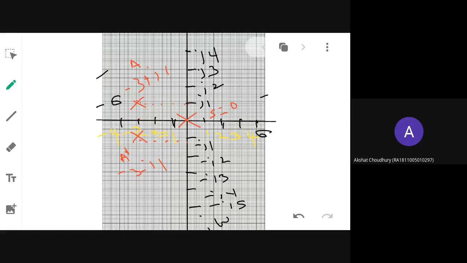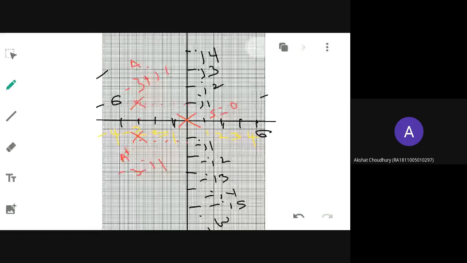You just need to identify the roots of the numerator polynomial, that is your zeros. You mark them as small circles. The roots of the denominator polynomial are called poles, that you mark as small cross marks. In this problem, G of s has only K in the numerator. There is no numerator polynomial, so no zeros. That's why the circle marks are missing. One pole is located at the origin, s is equal to 0.